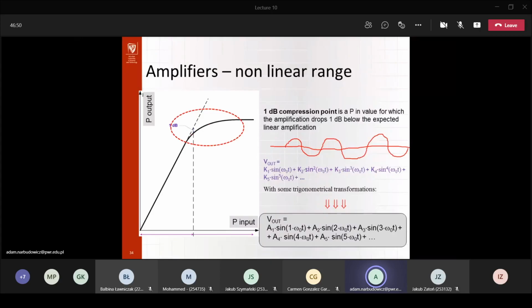Over here, once your sine increases, you are still within the linear range of your amplifier. However, let's say at this point the amplitude increases, so that your input power will get you up to this point. And the consequence of that is simply that the peak of your sine function will be compressed.